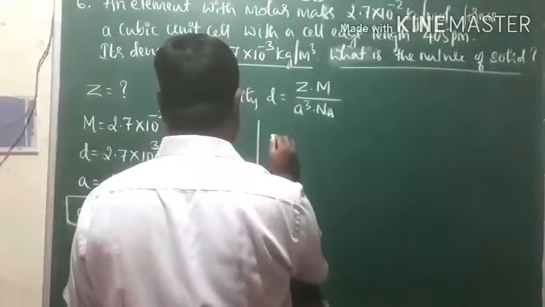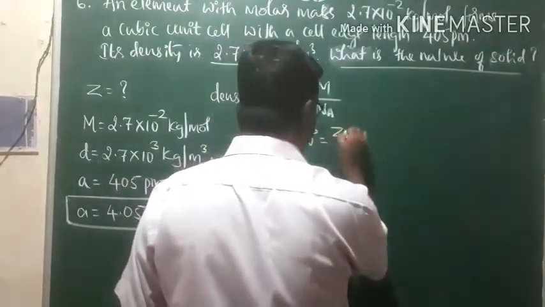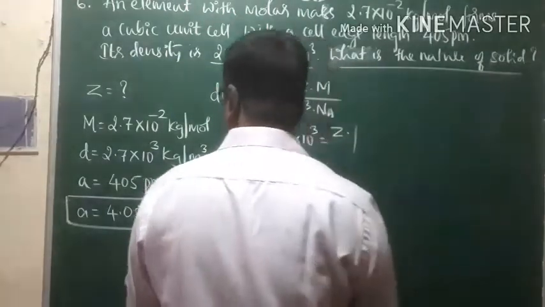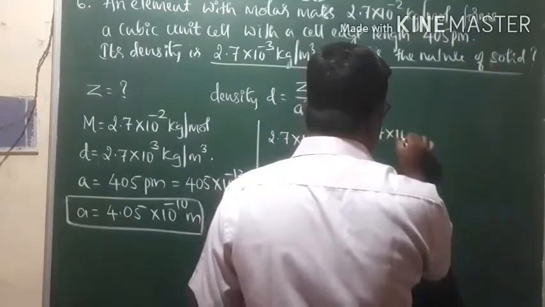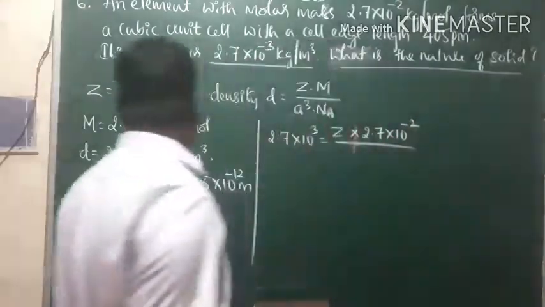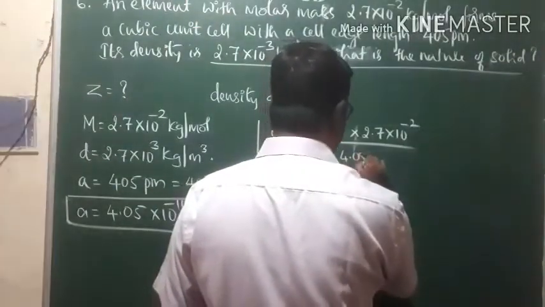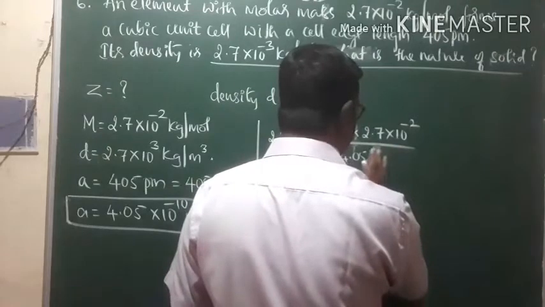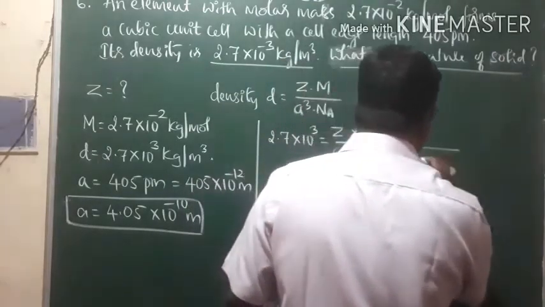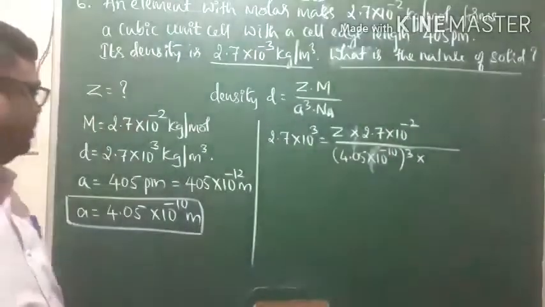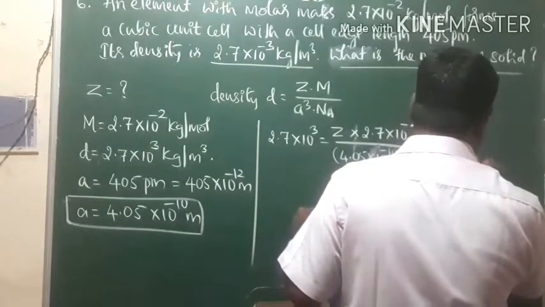Then substitute here: 2.7 into 10 to the power of 3 is equal to Z into M, that is 2.7 into 10 to the power of minus 2, divided by 4.05 into 10 to the power of minus 10 whole cube, into the Avogadro number, 6.022 into 10 to the power of 23.